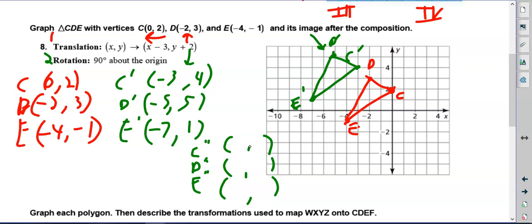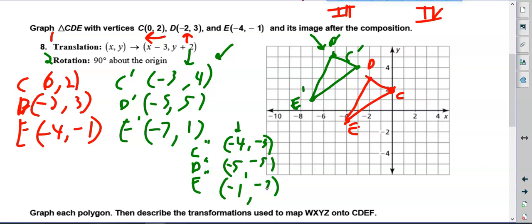And when the Y moves into the first spot, it's going to become opposite. So for C, the 4 is going to move here and become opposite. The 5 is going to move here in D and become opposite, and the 1 is going to become opposite here. Since these were all positive, these are all negative. And then the -3 just slides over, the -5 just slides over, the -7 slides over.